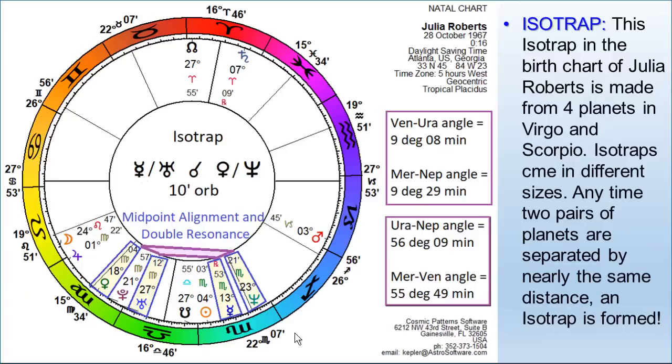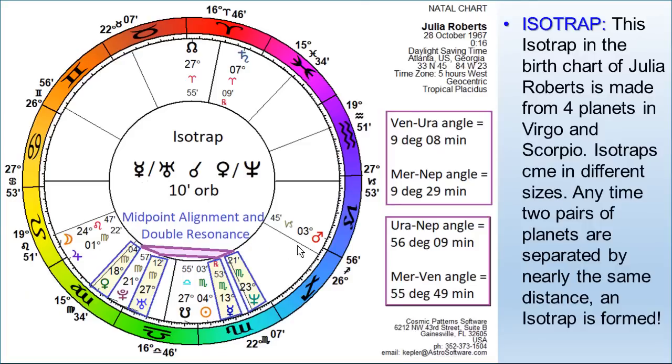So we often look at this as a Mercury-Uranus midpoint conjunct to Venus-Neptune midpoint. There are other situations where we'll look at it as the angular distances being the same. But when you're looking at it as midpoint to midpoint, keep in mind that the difference between the resonance of these two sides is twice as big.